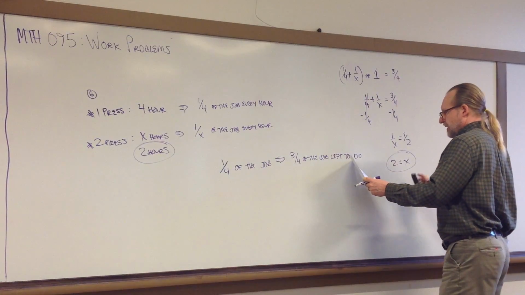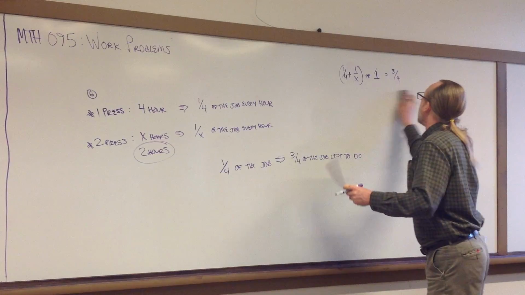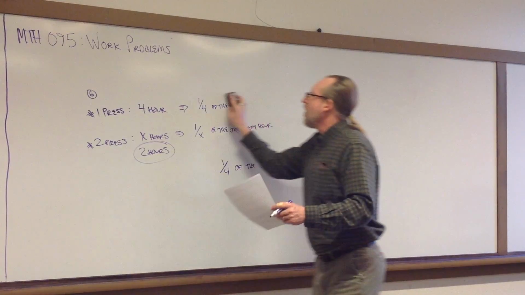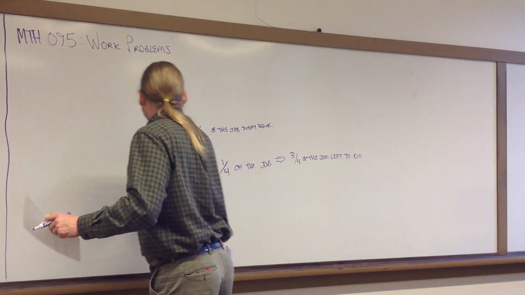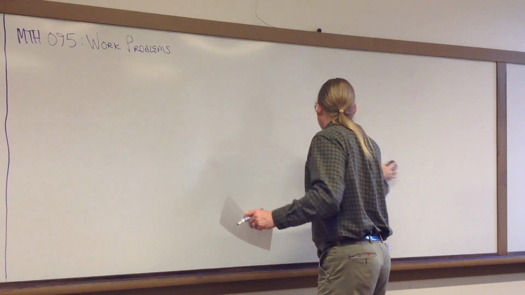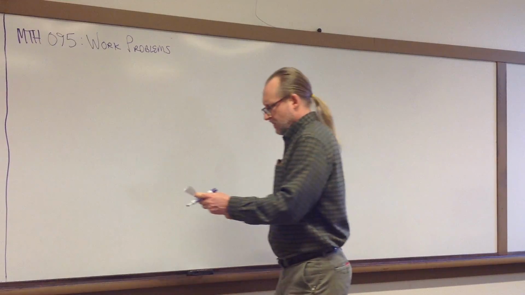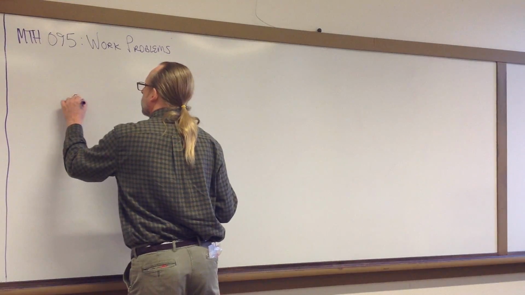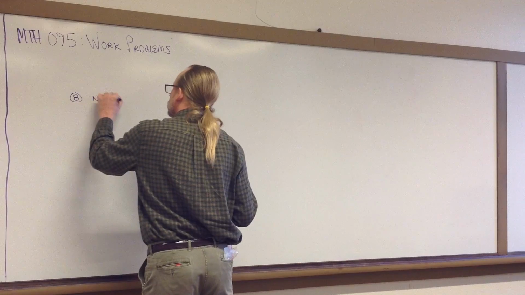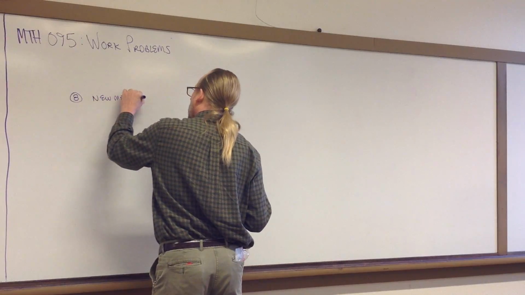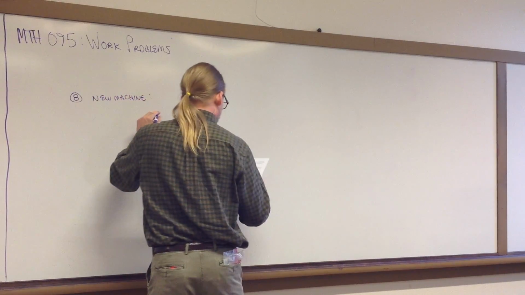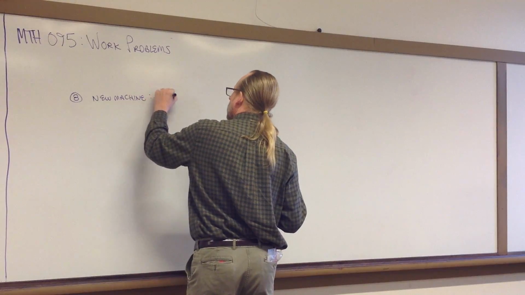Let's look at a couple more here. And like I said, notice how these problems take the basic idea and then introduce these wrinkles to it. All right, so number 8, the new machine takes 6 hours to do the job.